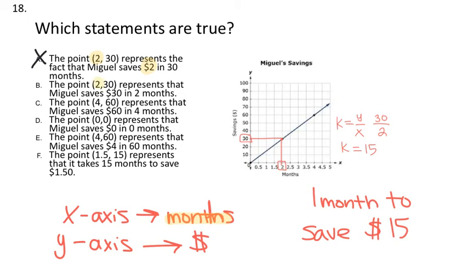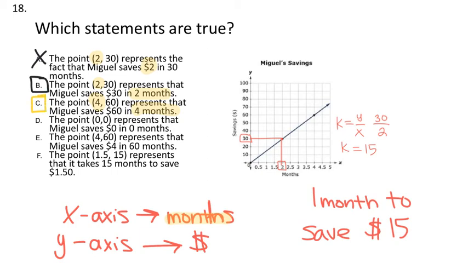This 2 must represent months. Does it? Yes, it does. Therefore, B would be an answer. Letter C. This 4 must represent months. Does the 4 represent months? Yes, it does. We will circle C.